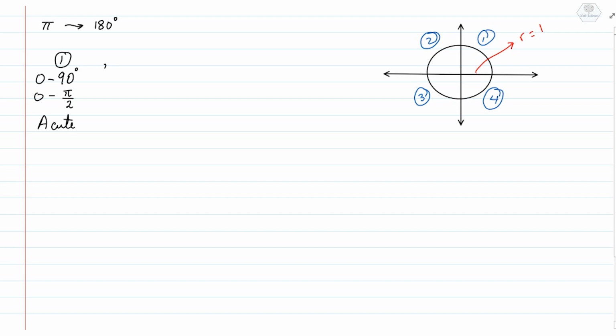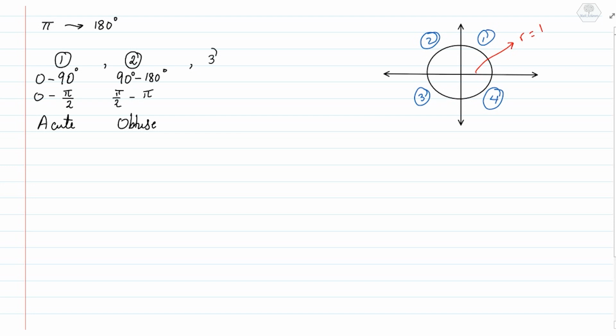The second quadrant is from 90 to 180 degrees, which is from pi over 2 to pi, and we call this angle in the second quadrant an obtuse angle.